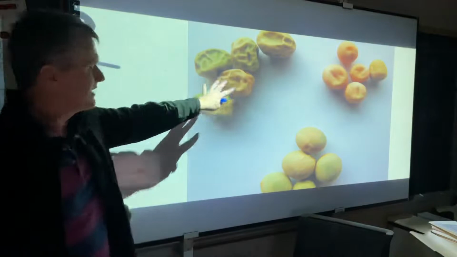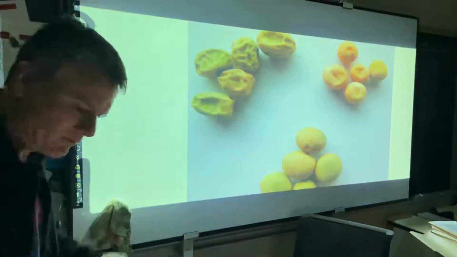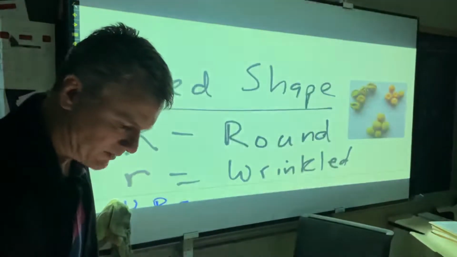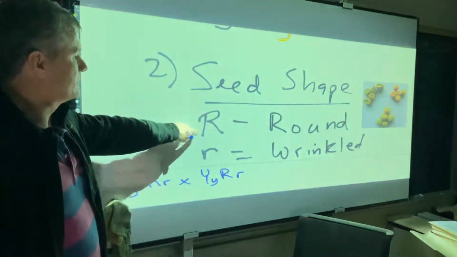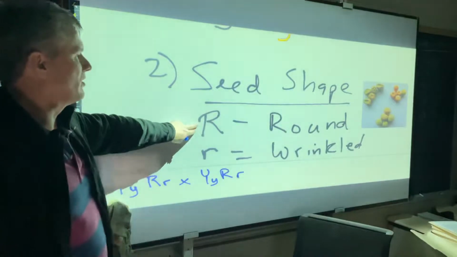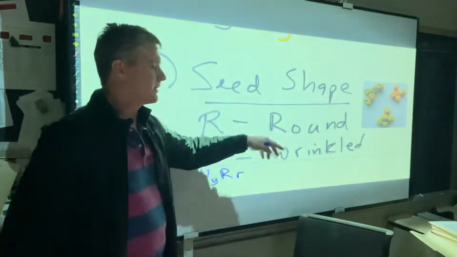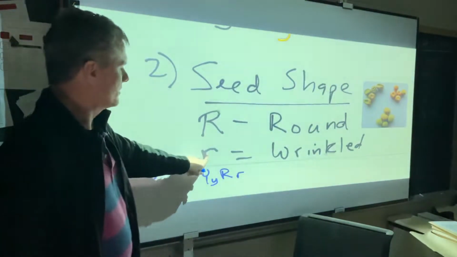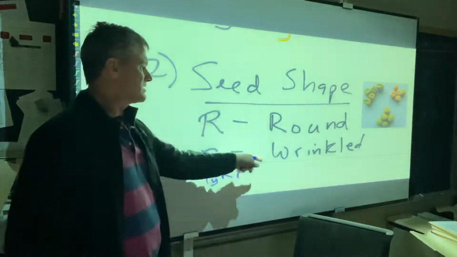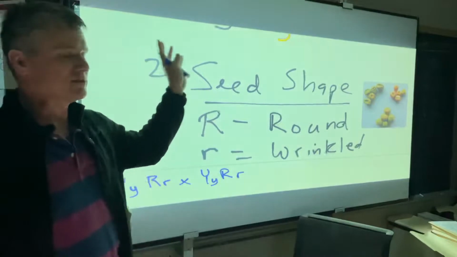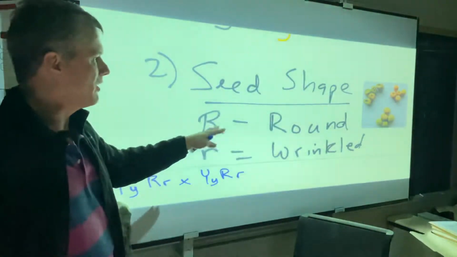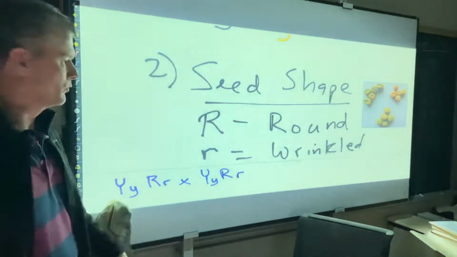That's the kind of difference, so you can picture in your mind what I'm trying to get across. And then if we assign it some letters, the capital R is going to be the dominant trait for a round seed, and the lowercase r is the recessive for wrinkled. So remember, anytime you see a capital R, it's automatically going to be a round, smooth looking seed.